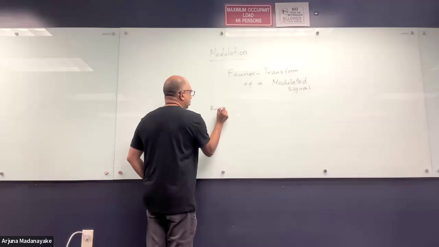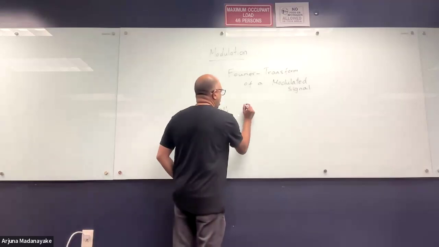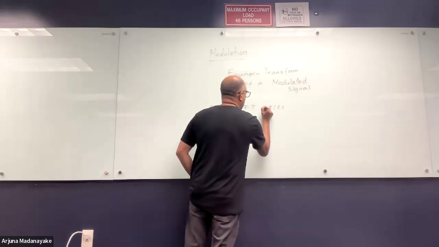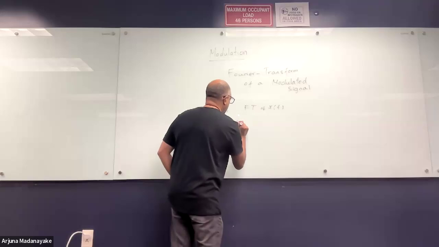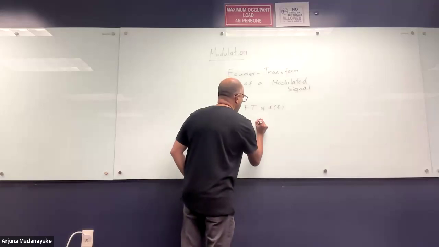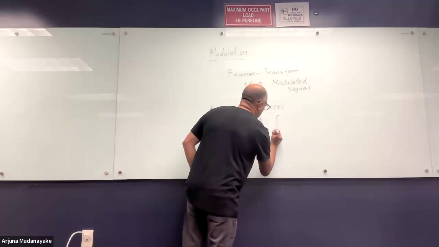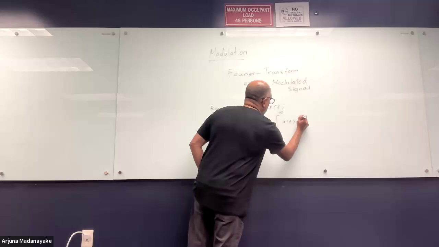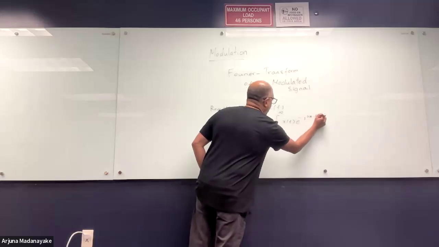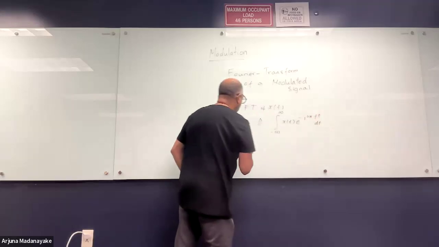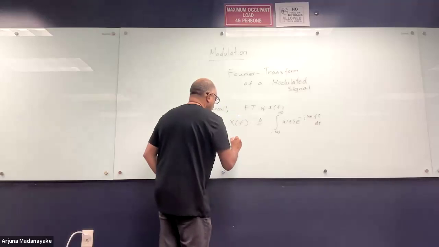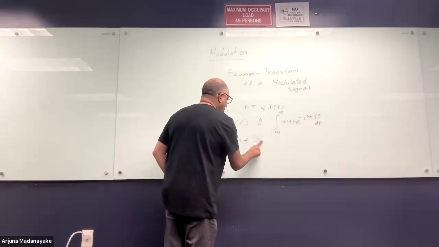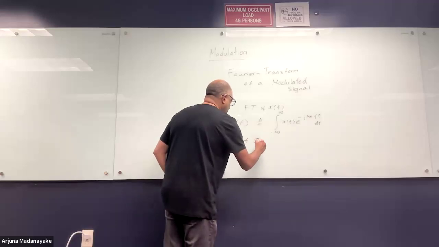So recall, the Fourier transform of x of t is x of f, which is defined as the integral of x of t, where x of t can in the general sense be a complex function of time, right?